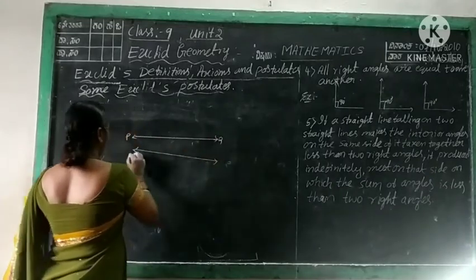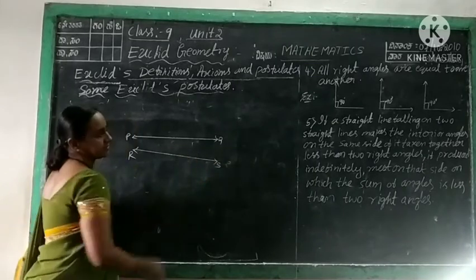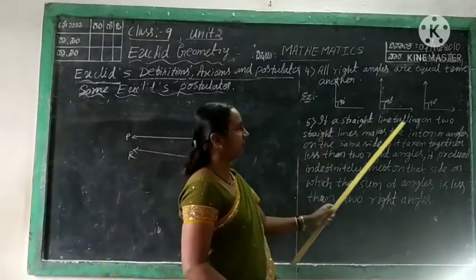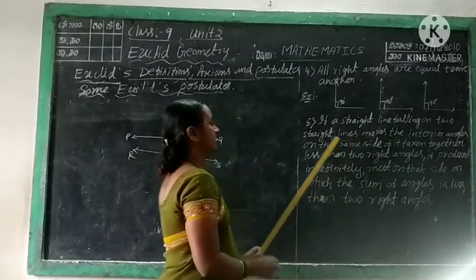PQ, RS, two straight lines. Then, a straight line falling on two straight lines.